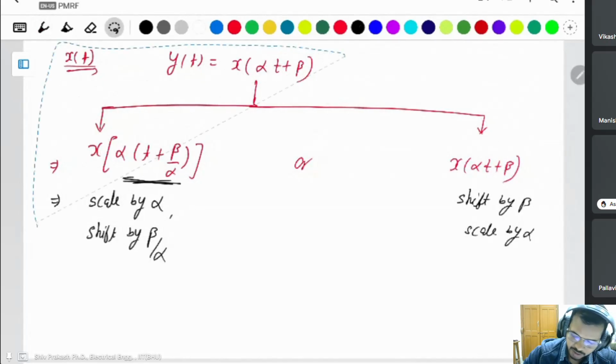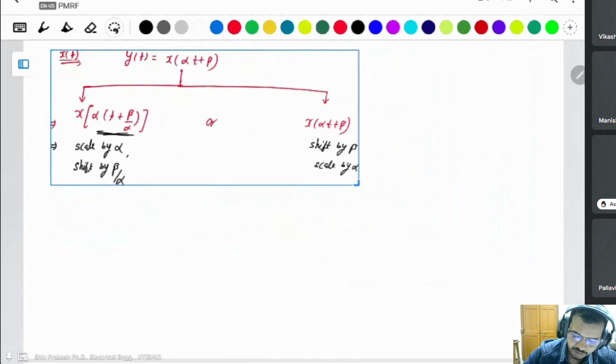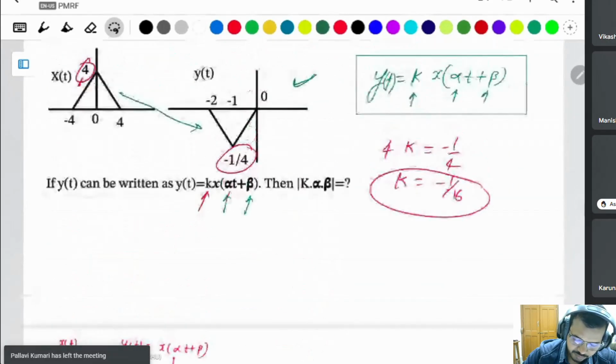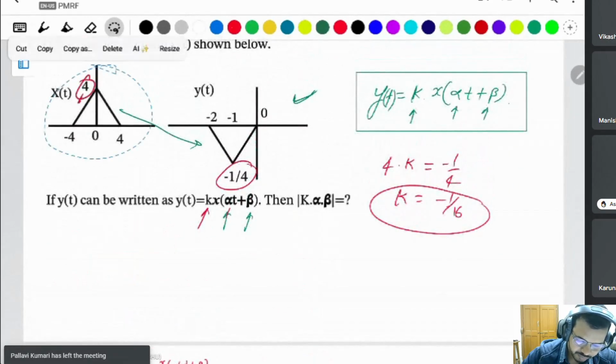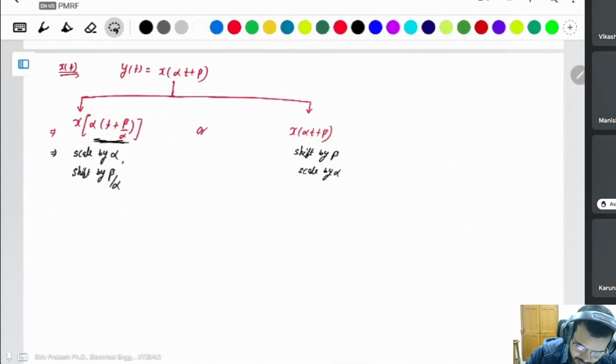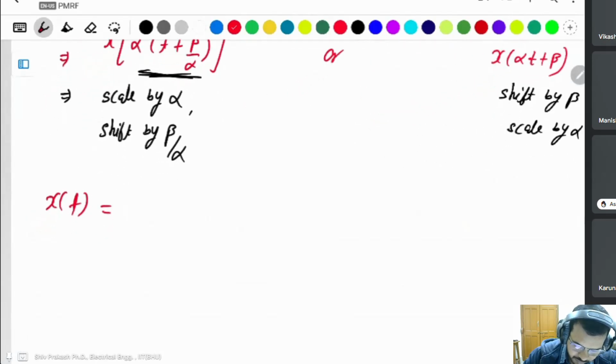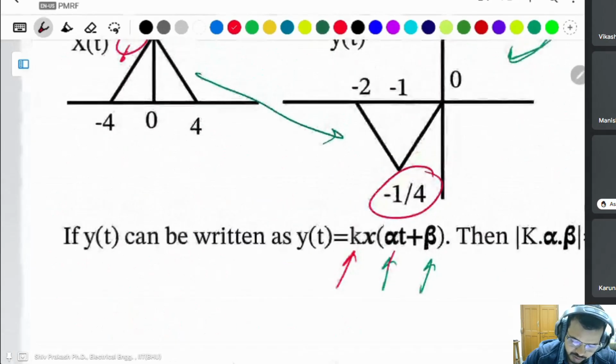Okay, let's take a signal, then you can understand better. Your signal is x(t), from minus 4 to 4, and this is 0. This is your signal.